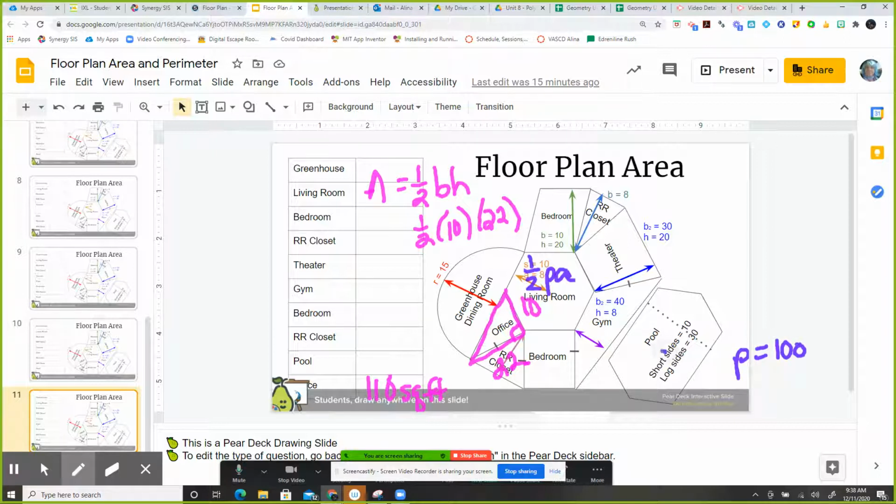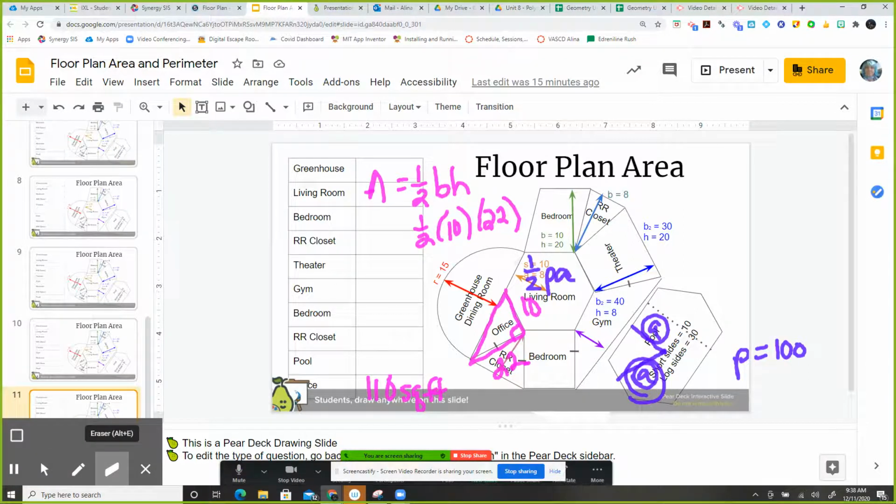But if I go from the center of my circle to the edge and the center of my circle to the edge, are those two A's the same? Or is one shorter and one longer? I think one's shorter than the other. This one is shorter than this one. So we can't use that.